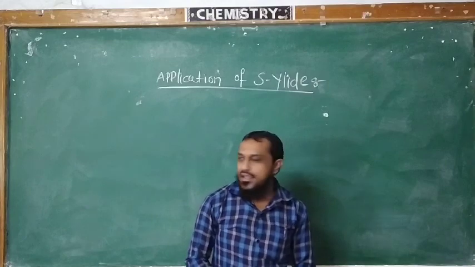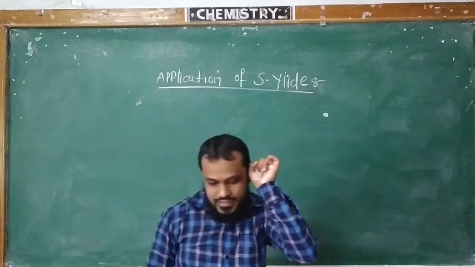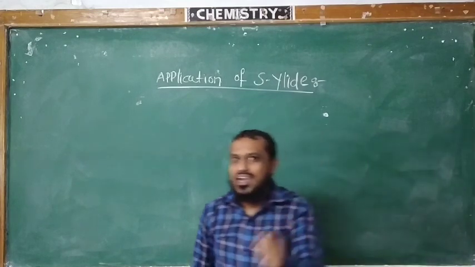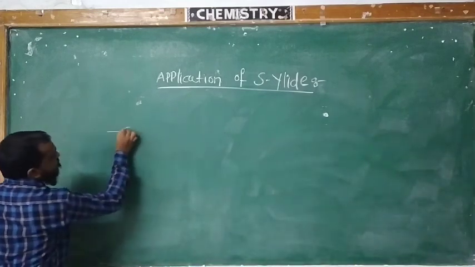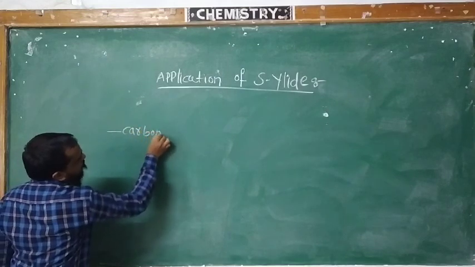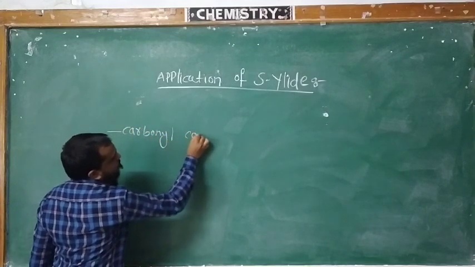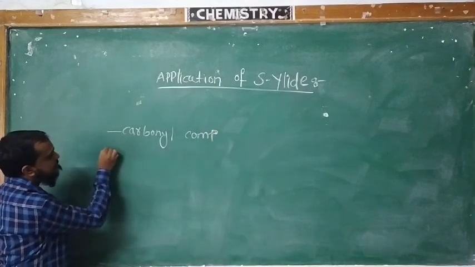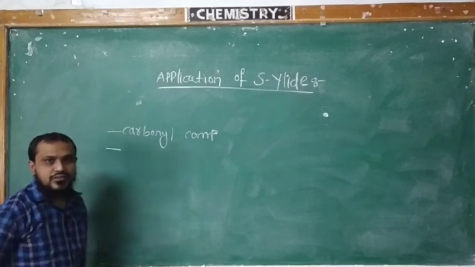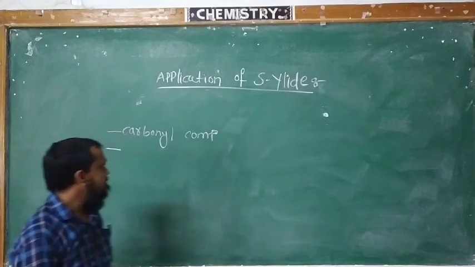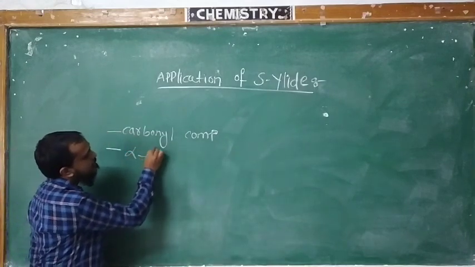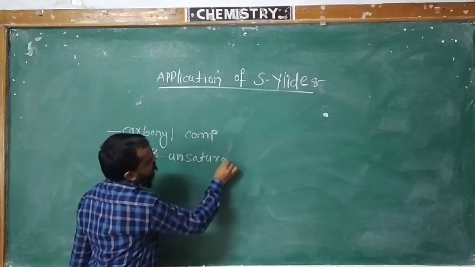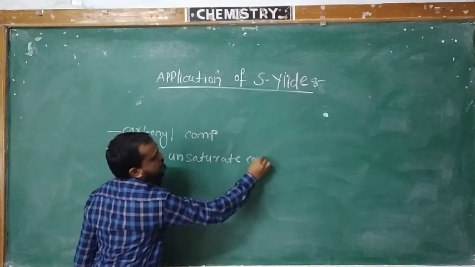Okay. And the substrate generally used with sulfur ylide is carbonyl compound, and the second substrate generally used in application of sulfur ylide is alpha beta unsaturated compound.